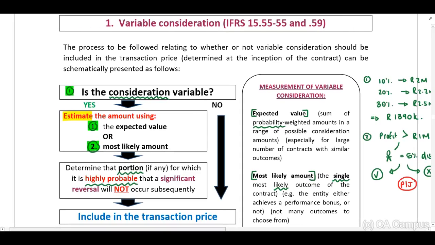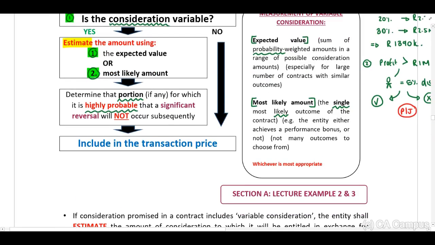If we think about probable, how do we explain probable? It should be more likely than not. Therefore, important, guys, more likely than not. Now, we are referring to highly probable. Therefore, more than probable. This is one higher, that the revenue should not be reversed.